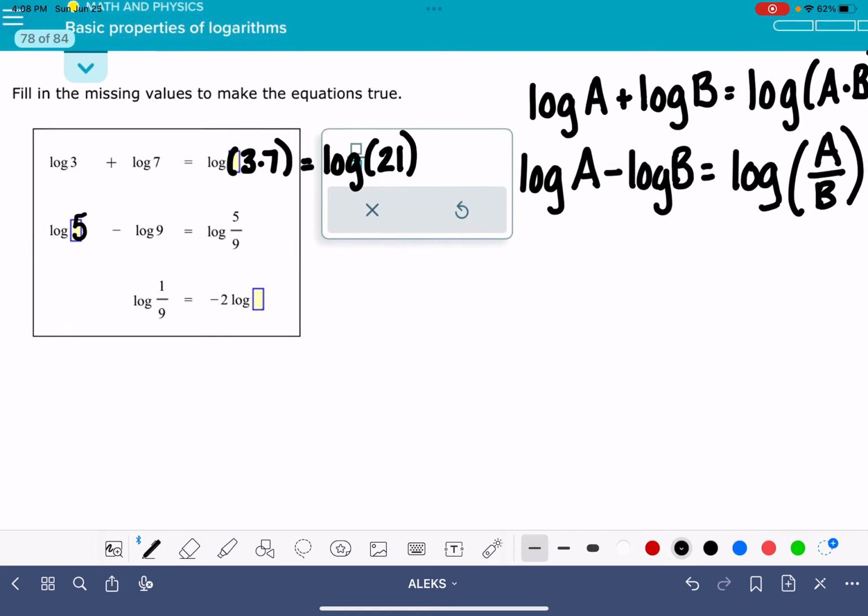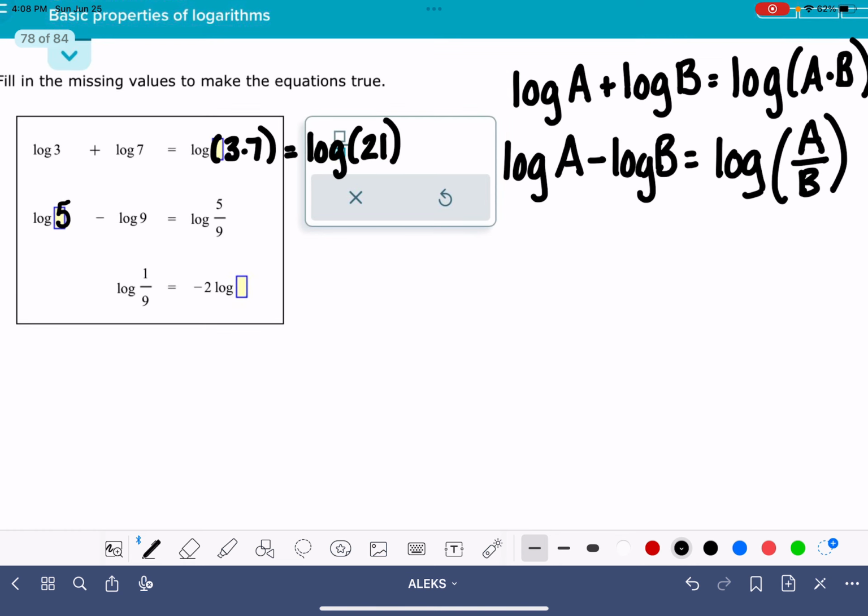Now the last one is a little bit trickier. This last one uses a property that says if we have the log of A raised to the B, an exponent, that is going to be equal to B times the log of A. And that's what we need to use to solve this last one.